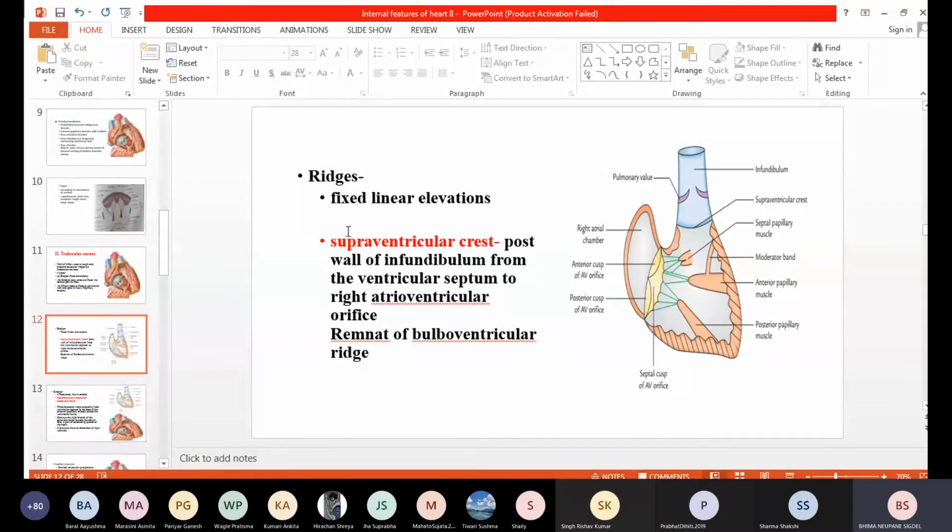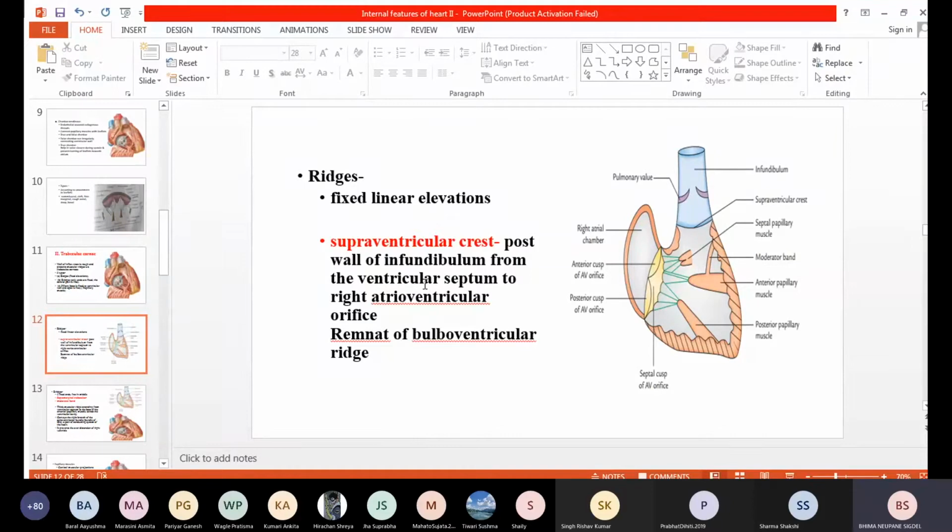The supraventricular crest is the most noticed, important crest present on the ventricle. It is present on the posterior wall of the infundibulum, the outflow tract, and extends from the ventricular septum to the right atrioventricular orifice.